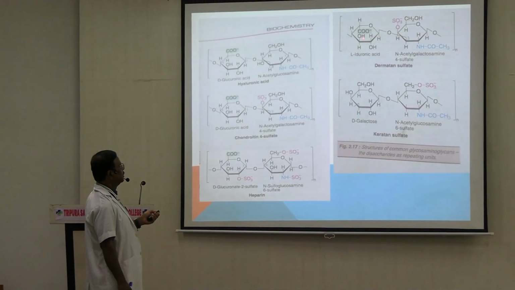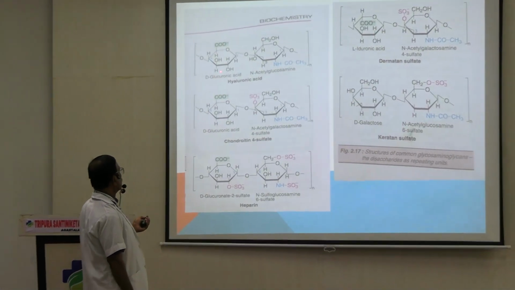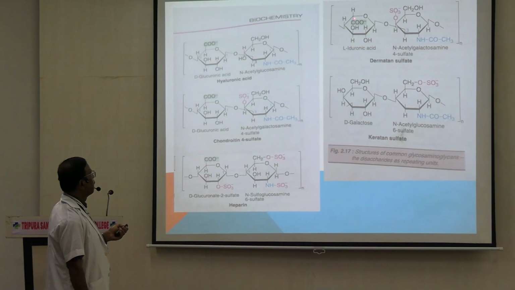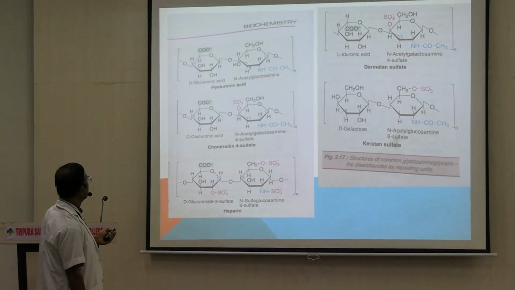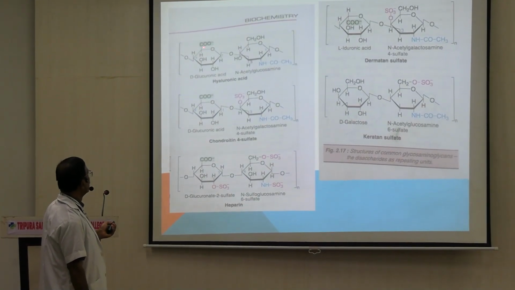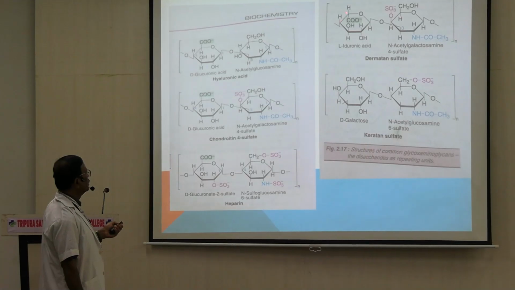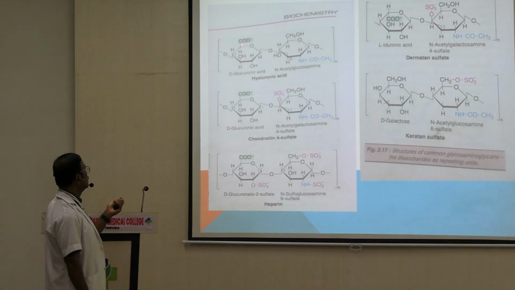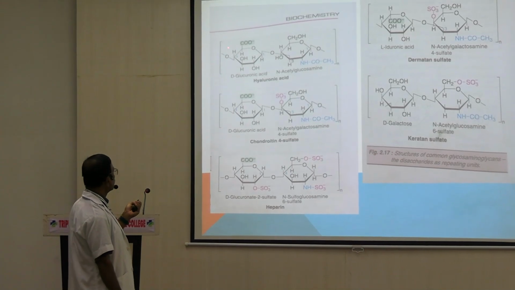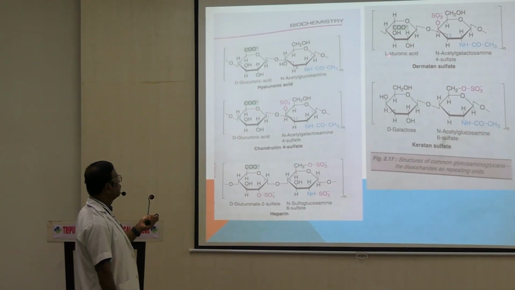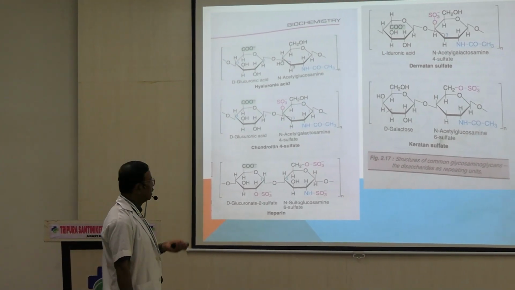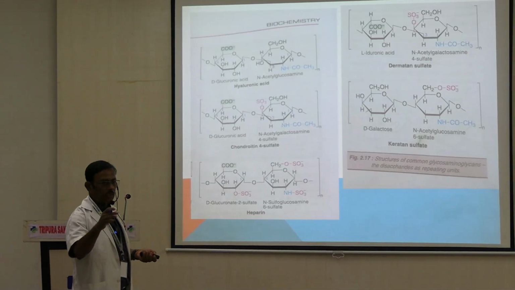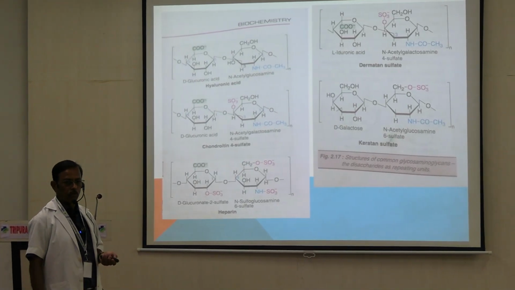This is iduronic acid, nothing but glucuronic acid only. In the fifth carbon, there is an inversion of the carboxyl group. See, this is glucuronic acid, where the carboxyl group is upward, and here there is inversion of the carboxyl group, so there is a difference in spatial arrangement of the carboxyl group.